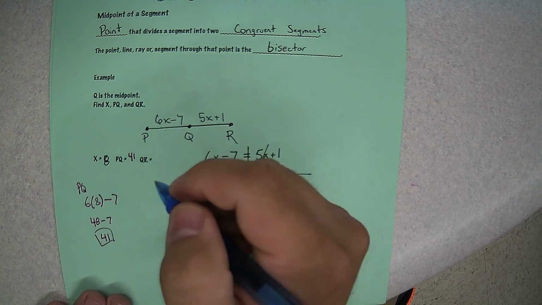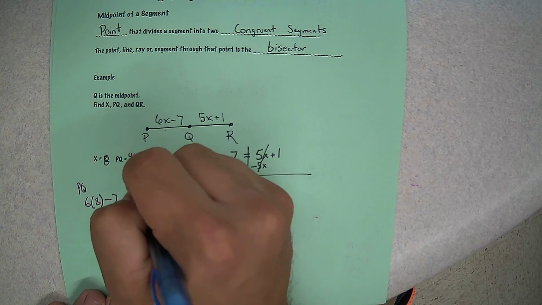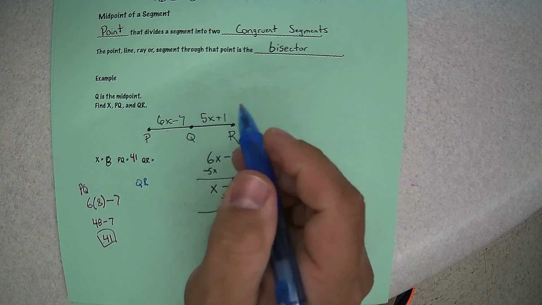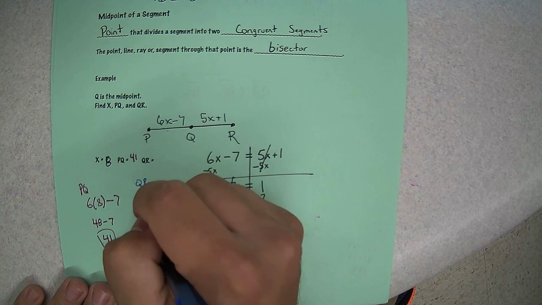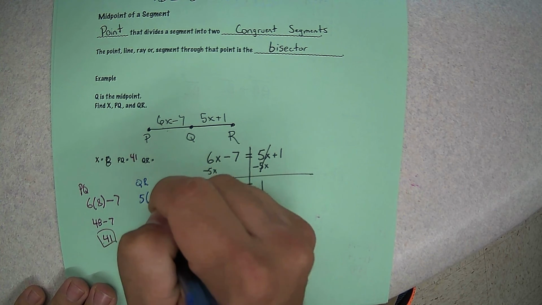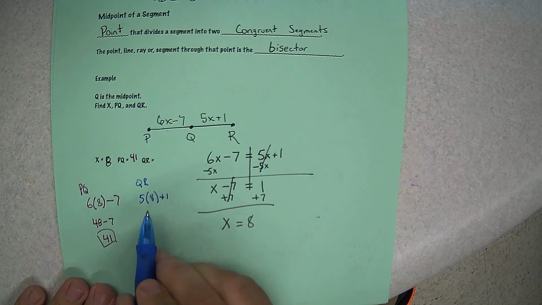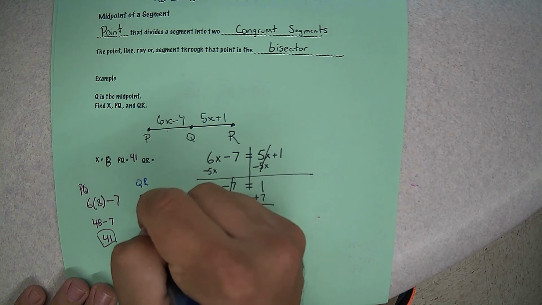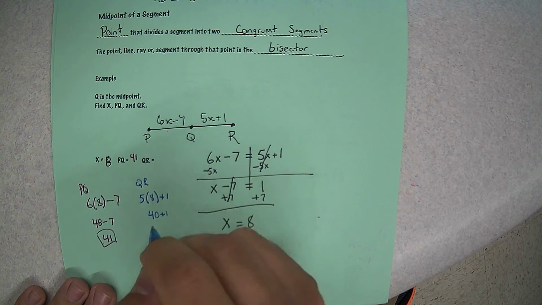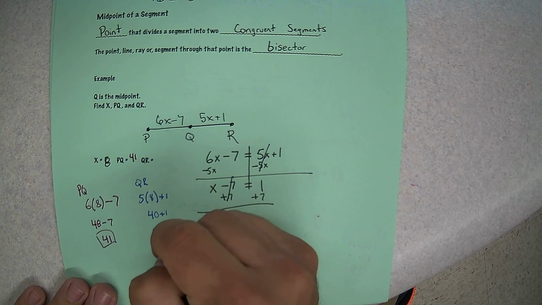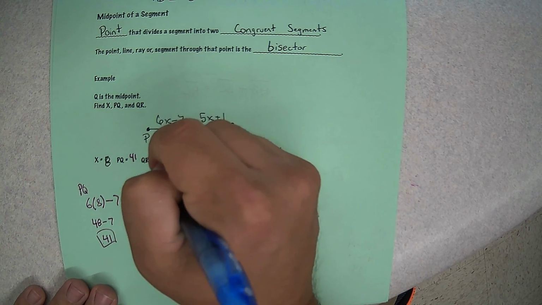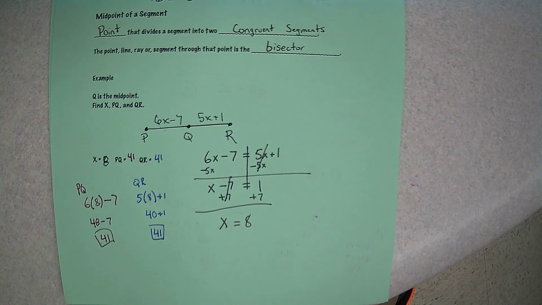Doing the same thing for QR, which is 5x plus 1. So 5x is 5 times 8, plus 1. 5 times 8 is 40, plus 1. 40 plus 1 is 41. We got the same answer for both, which is good because these are supposed to be congruent.